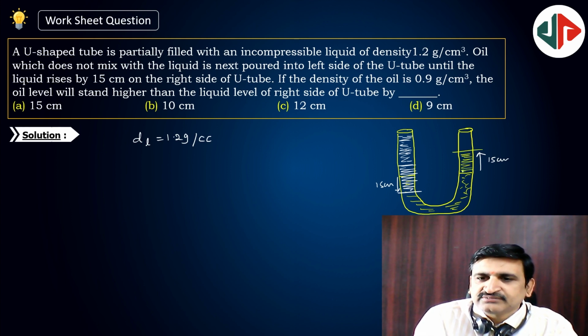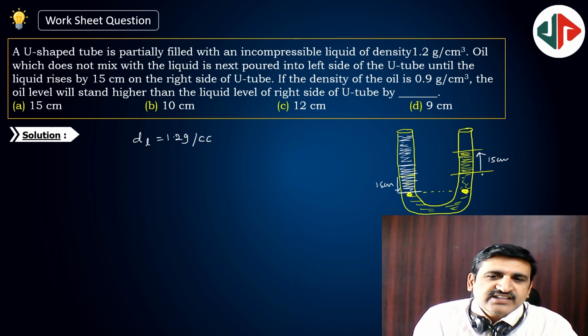This is finally. So if you think the common points, here is one point and here is also the same common point. If you feel this is initial one, this is final one. So that means it raised 15 centimeter and here depressed 15 centimeter. That means that also will be added here.